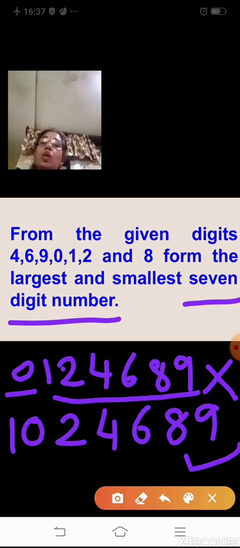If you write 0 at the first place, it becomes a 6 digit number. After placing the commas, you will read it as 10,24,689. This is the smallest number formed using these 7 digits.